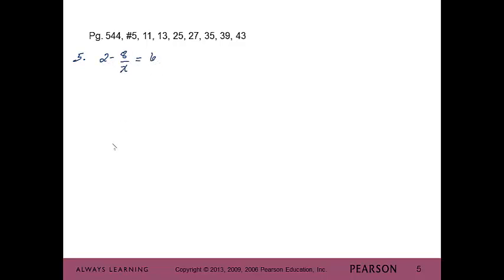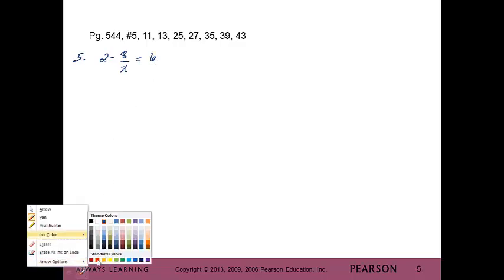So the first thing we want to do is determine any restrictions on x. To determine the restrictions on x, you're going to start by setting any denominator not equal to 0. So this is telling us x cannot be equal to 0, so that is a restriction.